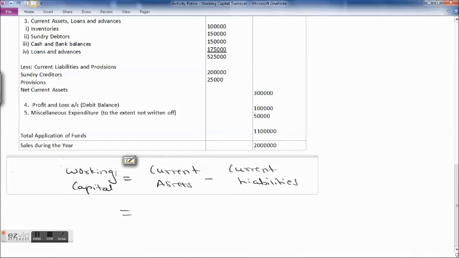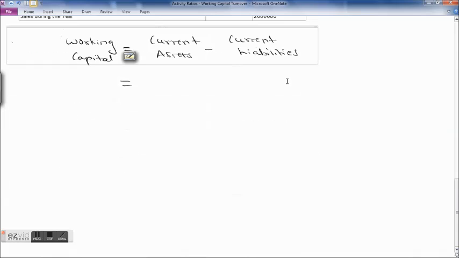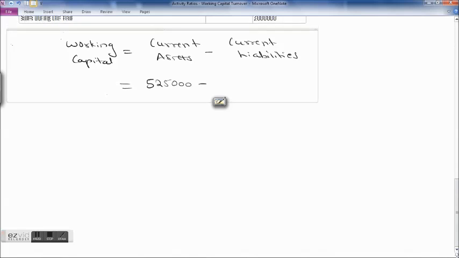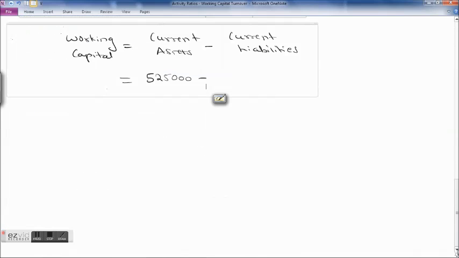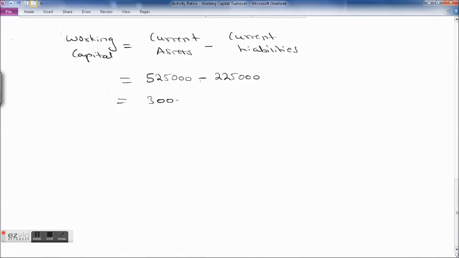So 5,25,000, minus your current liabilities and provisions. How much does that come to? 2,25,000, right? 2 lakh sundry creditors, provision 25,000. So your working capital comes to 3 lakh rupees.